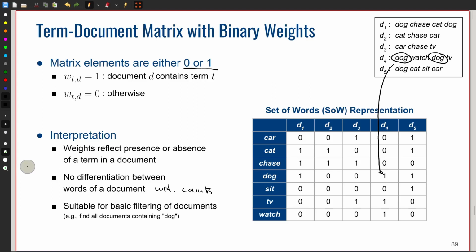But even this basic setup is already very useful for things like filtering documents. When we're looking for documents, for example, that contain the word dog, and we don't care how often the document contains the word dog, then this basic representation is already sufficient. And this representation is also called set of words representation, because we don't care about any kind of counts and frequencies in this representation.